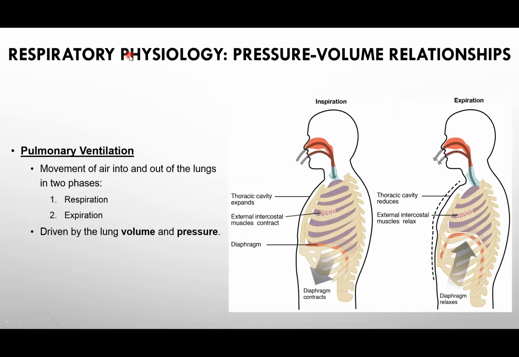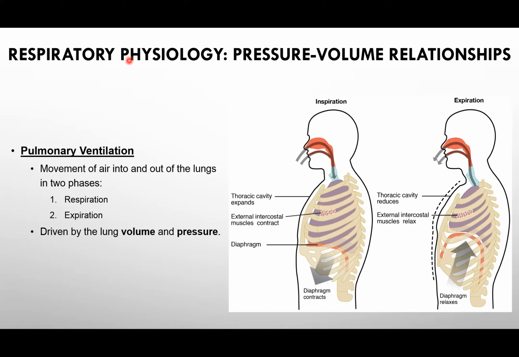Okay, so that takes care of the anatomy, but since this module includes both the anatomy and the physiology, I have to give you a quick lecture on some physiologic things going on within the respiratory system.